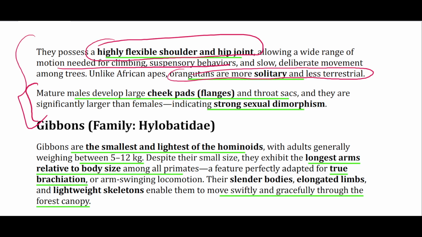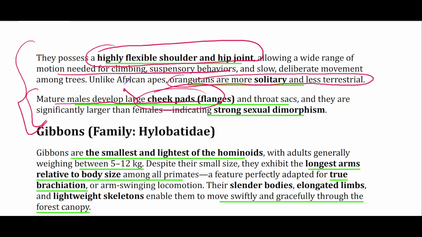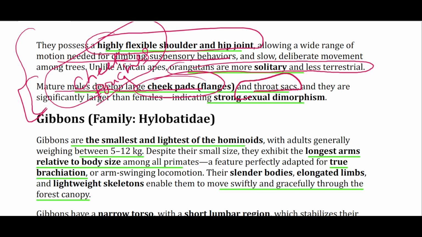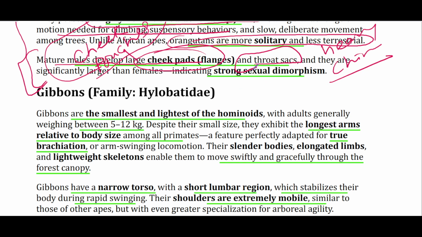A unique feature is that mature males develop large cheek pads, like cheek pouches, which are seen in orangutans, especially in adult males. They also have throat sacs, like the heavy double chin you might see in many humans, and they have strong sexual dimorphism.